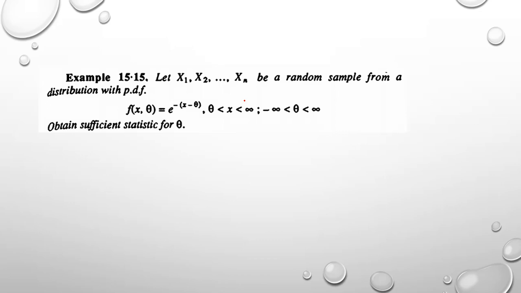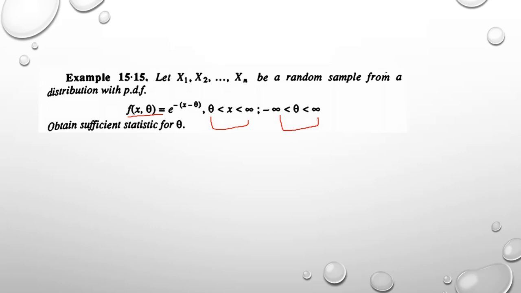Now we are going to one more example. Here also order statistics are useful. When you draw the graph for this question, you can easily understand. See what the question is: e power minus (x plus theta), e power minus (x minus theta). Here x lies between theta and infinity, and theta is from minus infinity to plus infinity.